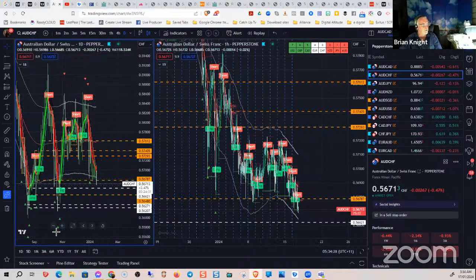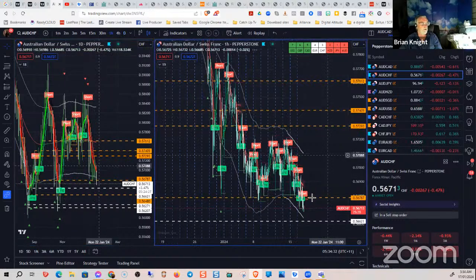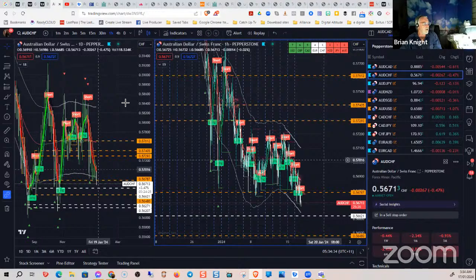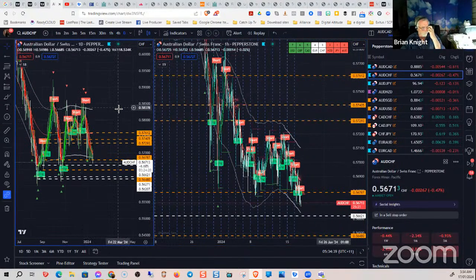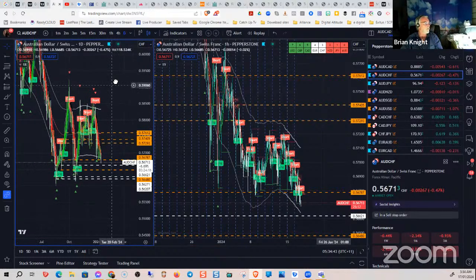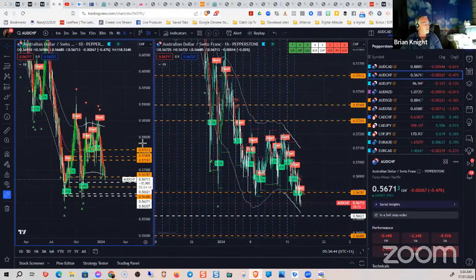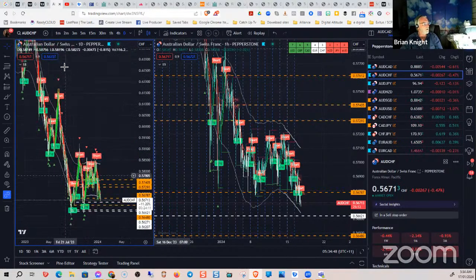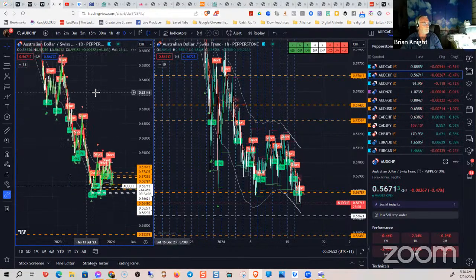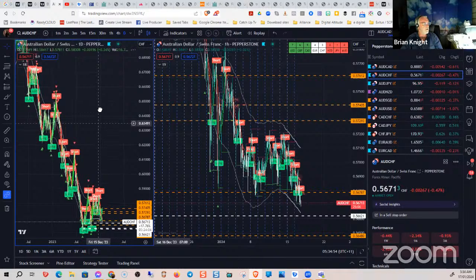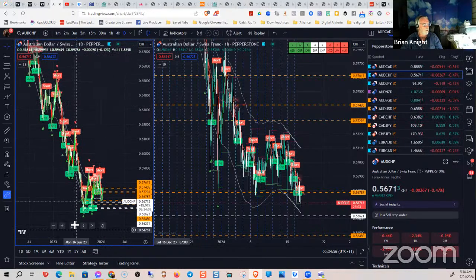I'll be waiting for some green triangles before we get a buyback on this one. Maybe not. It may continue down, so we never know at this point. If you look at it from a daily perspective, it just keeps selling, or has been. Not to say it will continue, but it may break structure down here.